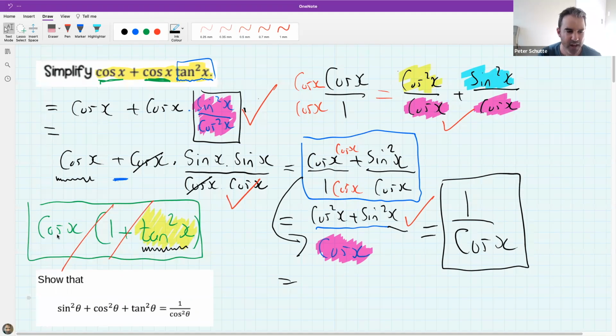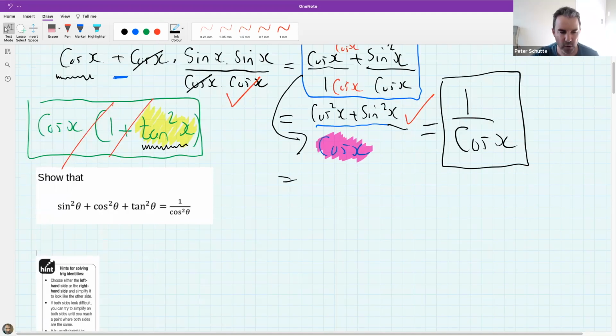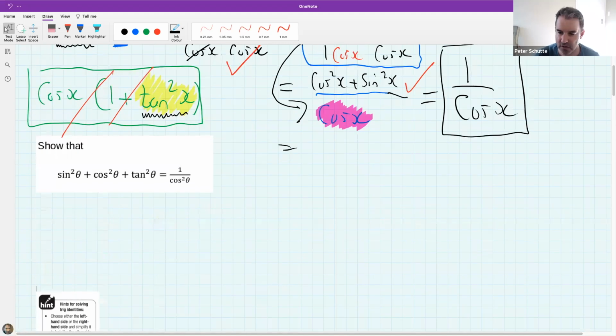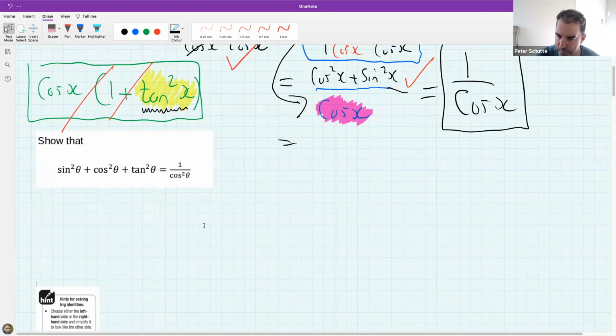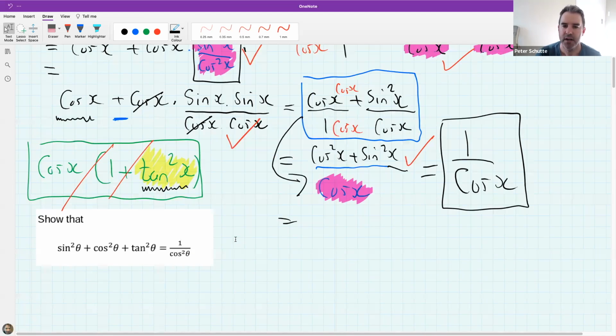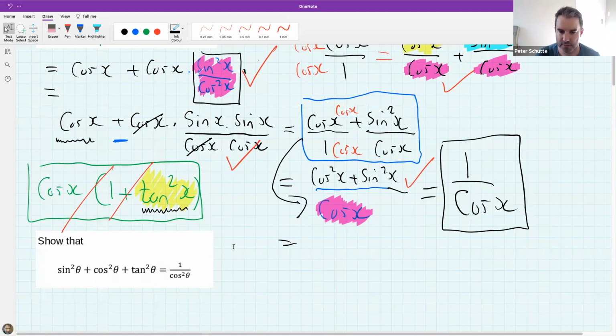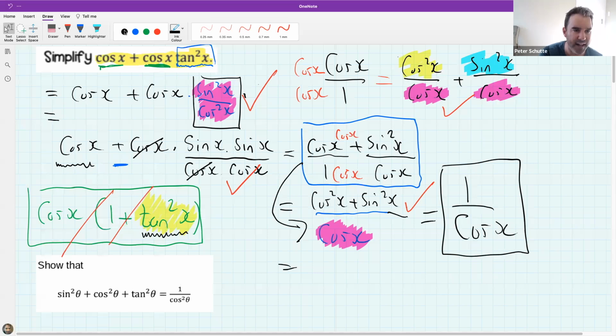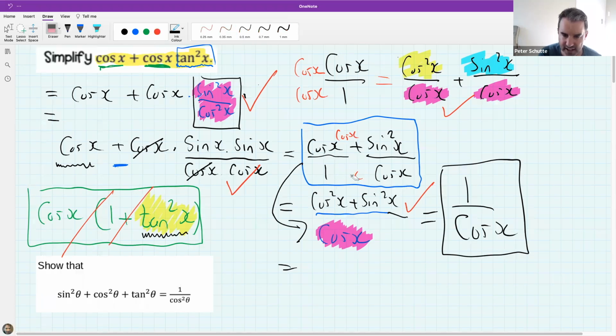Okay. Thank you. Cool. We have a question from Ayana in the chat saying, sir, how did we get the cos x at the bottom? Okay. So what I did was I got stuck at this stage over here.